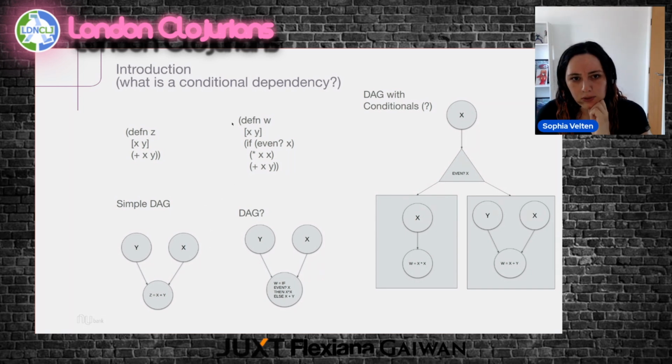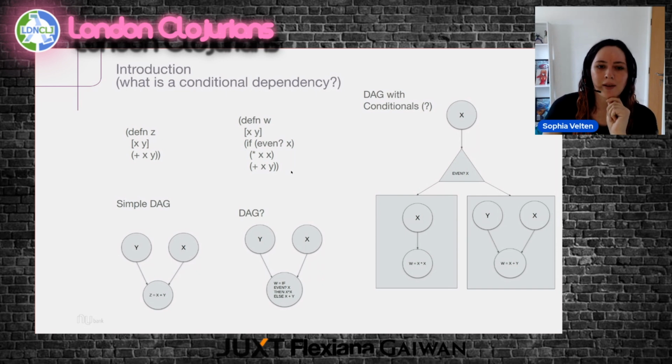Now on the middle side, we have a similar function that also depends on x and y. But in the body of the function, we have a conditional statement, right? So if x value is even, then we are going to multiply x by itself. And if x is not even, then we're going to sum x and y. So now we have something different from what we had before.